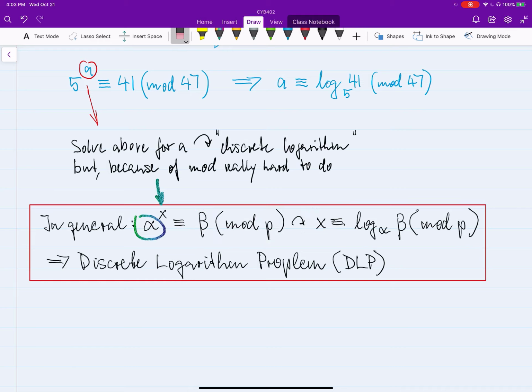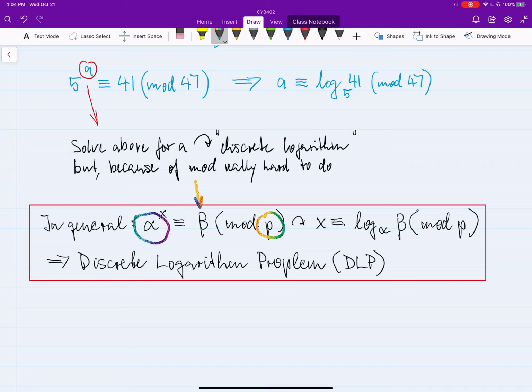Okay, so the other part is, remember that alpha actually needs to be a generator so that the result space, which is represented by beta here, is as big as possible. So it should, with no limitation, be as big as what P suggests.